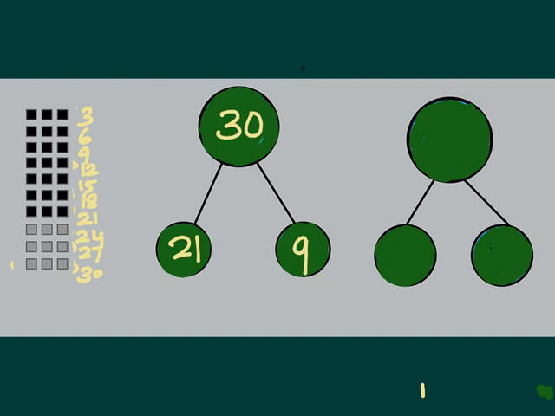Let me make a second number bond using the multiplication expression. For 30, I can write the multiplication expression as 10 times, so 10 groups of 3. If you see in this array, there are 10 groups of 3. And the part black squares, if you see there are 21 black squares, right?